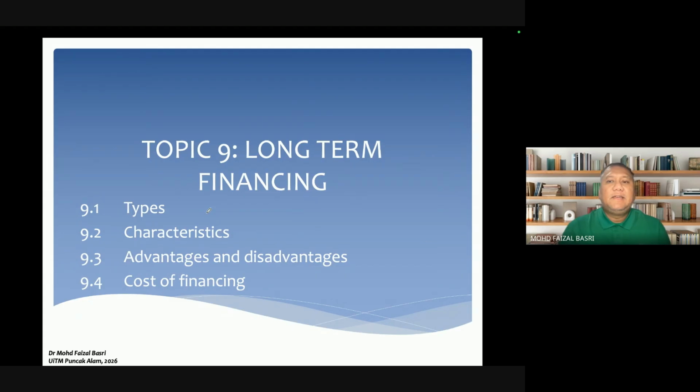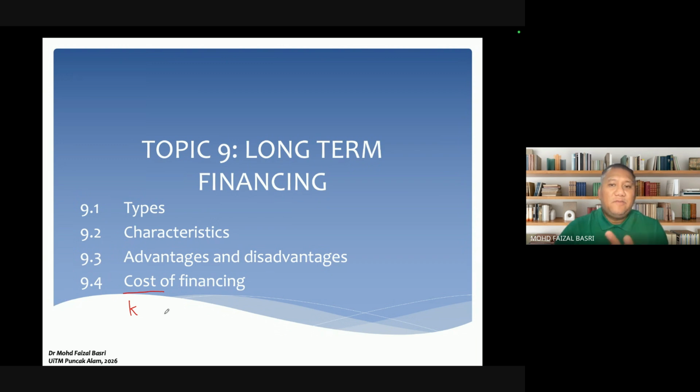Right, as I recall our previous topic, the cost that we did for the short-term financing menggunakan effective interest rate ataupun EIR. Okay, but for today, for the long-term financing, the cost ni will be represented by the letter K, cost.